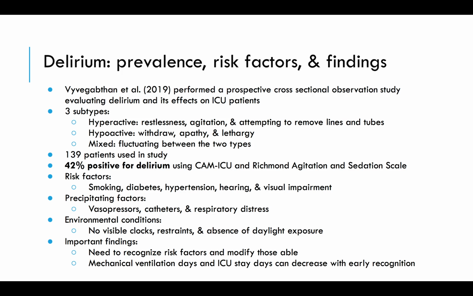You could ensure that you're having clocks in the room so a patient can see what time of day it is, try to decrease your use of restraints, and open up the blinds in the morning and close them at night, making sure we're telling our patients it's now 8 a.m., and when night shift comes on, letting them know what time of day it is as well. And then also, mechanical ventilation days and ICU stay days can decrease with early recognition of delirium.